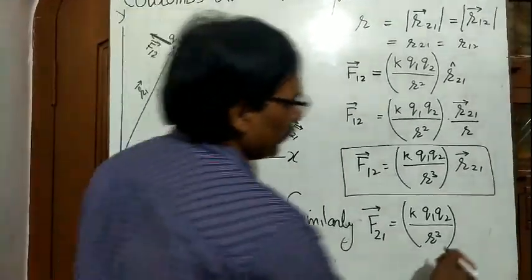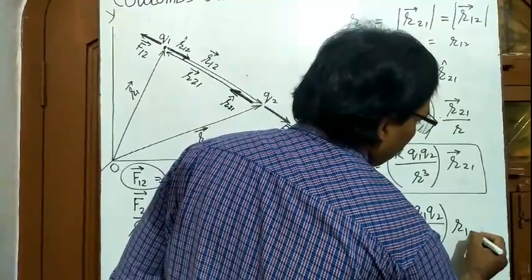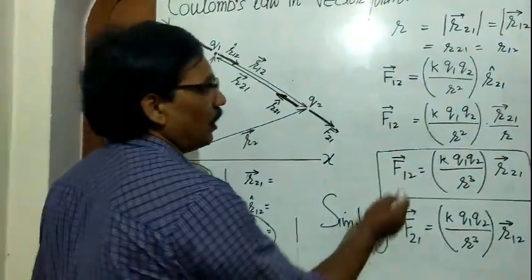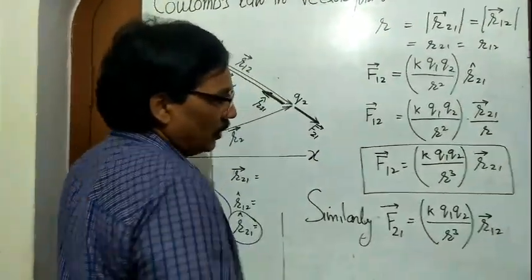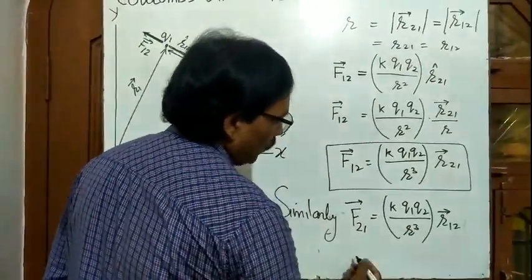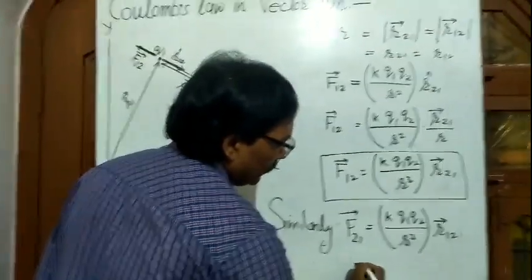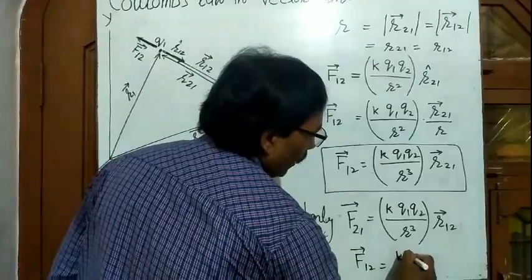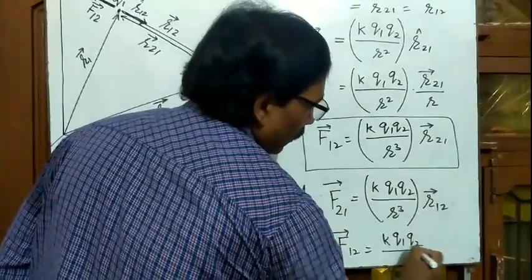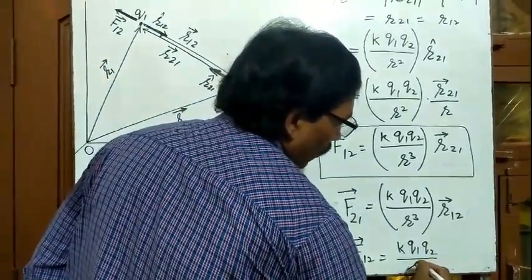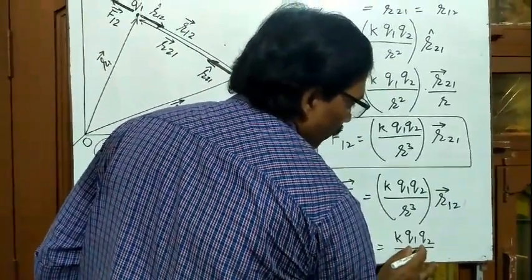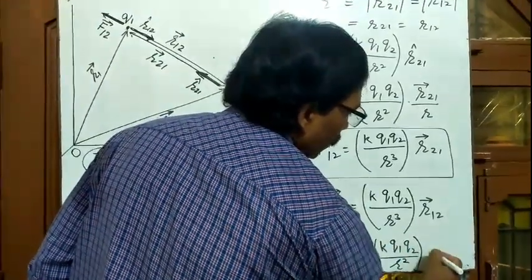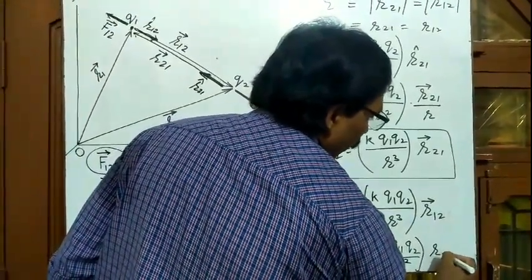So we will write here vector R12. And if you want to write in terms of unit vector, F21 is equal to the magnitude K Q1 Q2 by R square, and unit vector R12 cap.